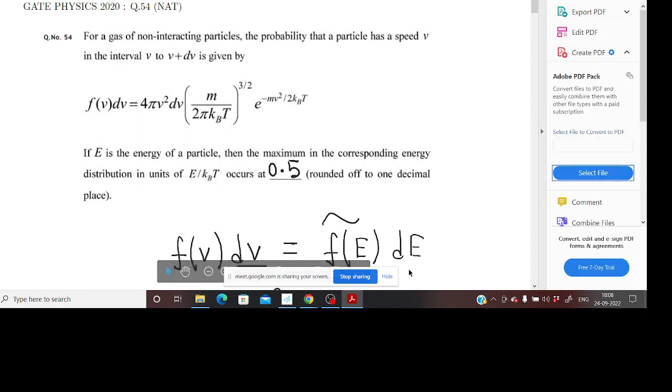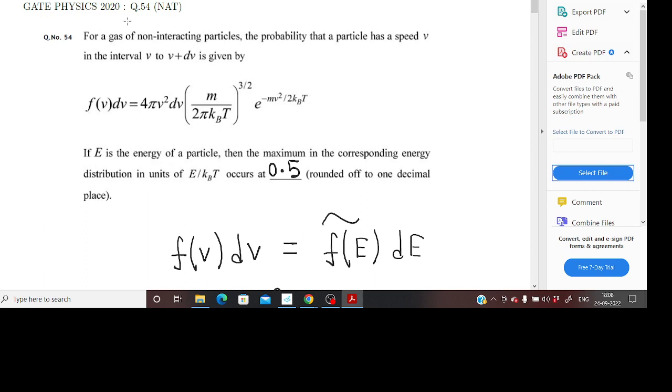Okay. So you know about this Maxwell's velocity distribution. f(v) dv is already given in this question. Now you have to find out the same thing, the distribution in terms of energy. This is the distribution in terms of speed or velocity, right? So now you have to find out the distribution in terms of energy.